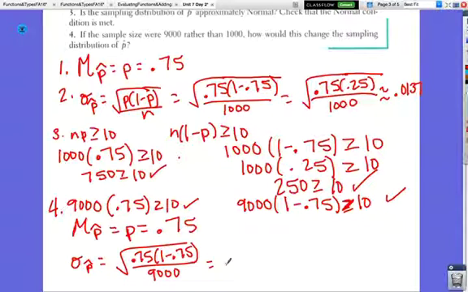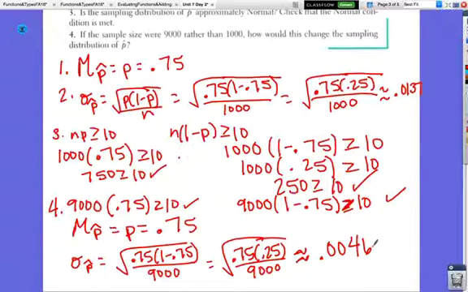Whenever you do that, you're saying 0.75 times 0.25 divided by 9,000, and you could work that on the calculator to get 0.0046. So we can see that the mean would stay the same. It would be approximately normal still, but the standard deviation would change by quite a bit.